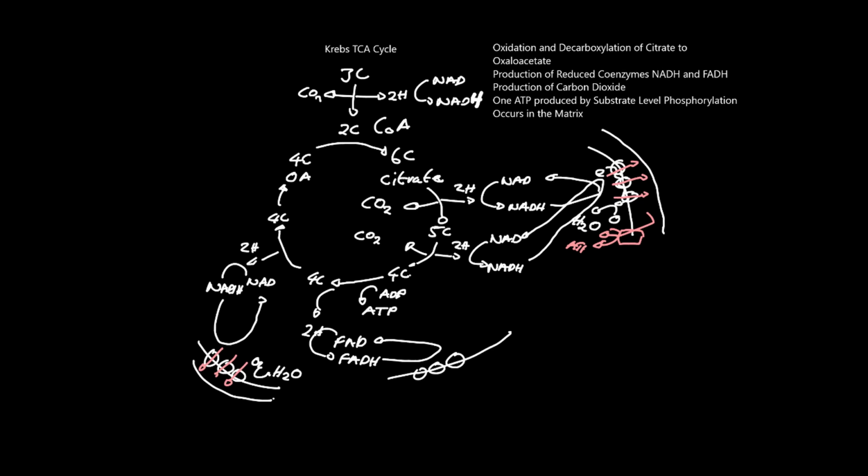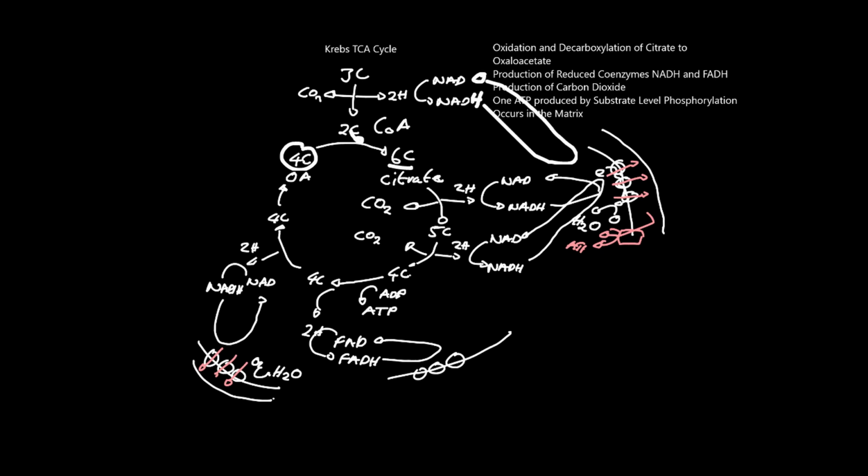Again, these go off to the electron transport chain. This part of the reaction is called the link reaction because it is the link between glycolysis and the Krebs cycle. We have the acetyl-CoA, 2-carbon compound, 2-carbon acetyl joins with the 4-carbon, produces citrate.